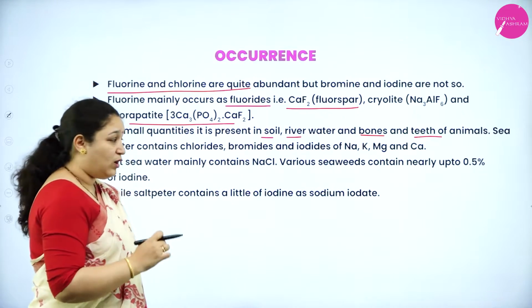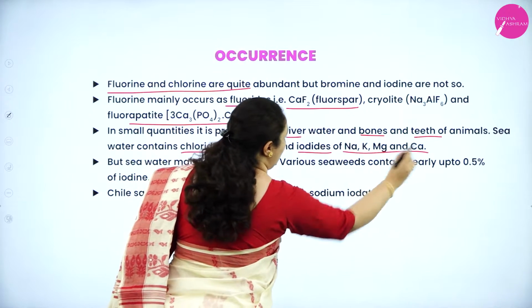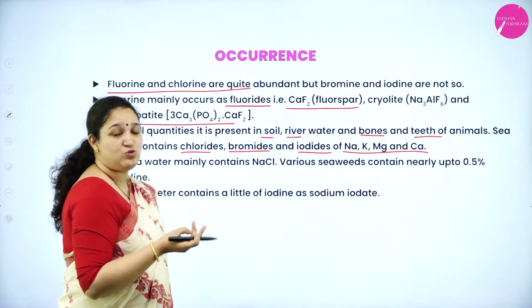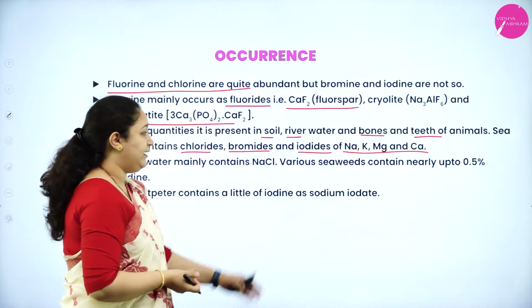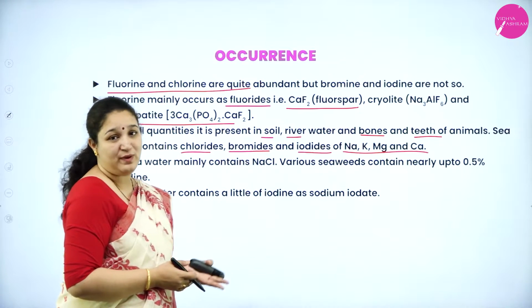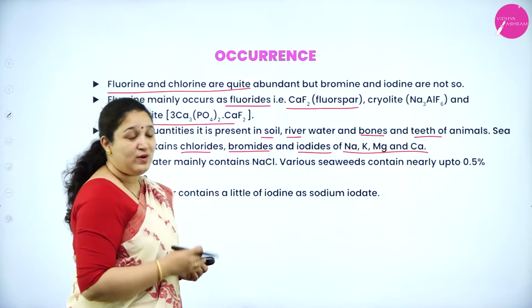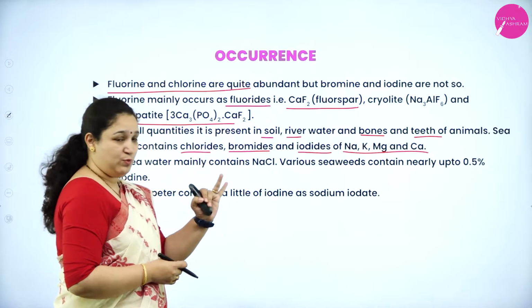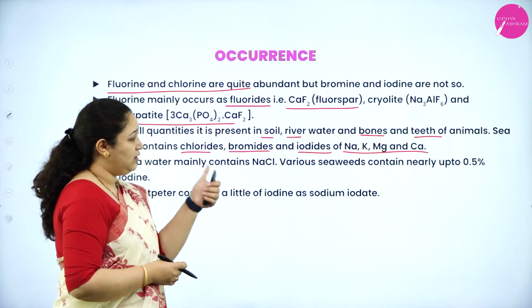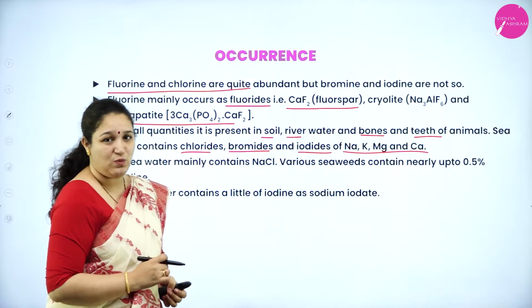Whereas sea water contains chlorides, bromides and iodides, that is sodium bromide, sodium iodide, sodium chloride. Then it can be potassium iodide, potassium bromide or magnesium iodide or magnesium bromide, calcium bromide, etc.